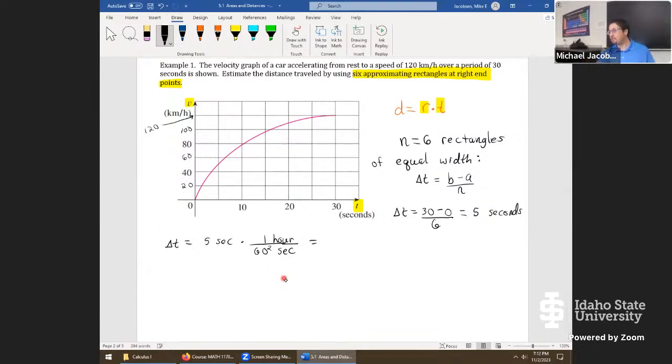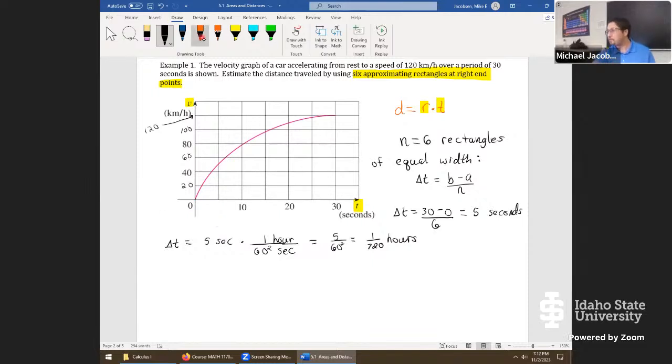Then this becomes 5 over 60 squared, which does reduce. I took a look at this earlier today. This reduces to 1 over 720 hours. Decimal number is just fine as well, but this is going to be easier to write in for our delta t. So 1/720th hours is the 5 seconds, which would have been right here. Does that make sense to folks so far?